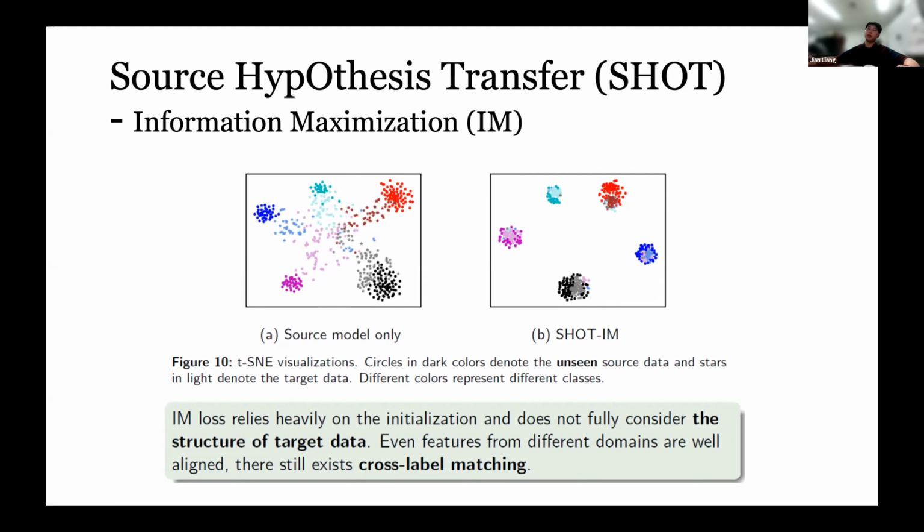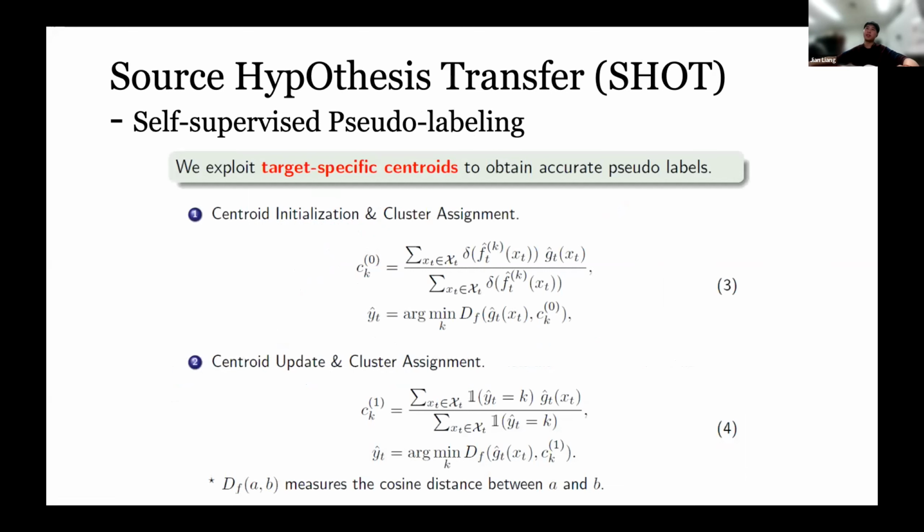When updating the parameters of the target feature encoder, we can find that the target features are closely aligned with the source features, even though there are some wrong alignments here. So in the following, we try to mitigate these problems using another loss function. Maybe next page.